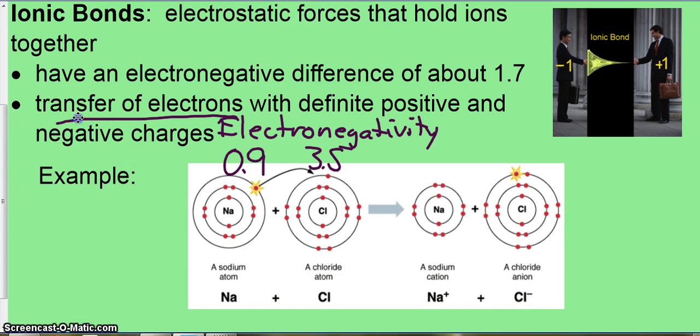So the biggest part here is this transfer of electrons. For an ionic bond to form, electrons transfer because of the great difference in electronegativity between the positive ion and the negative ion elements.